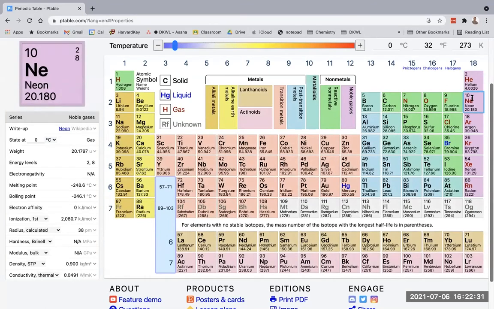For neon, 2, 8. Remember 2, 8, the preferred numbers? Then 2, 8, 8 for argon. Again, remember the preferred numbers were 2, 8, 18, and 32. And you'll notice that no matter which one I pick, they have preferred numbers of electrons in every shell. And that is what makes them so interesting for most other elements, that they're stable.